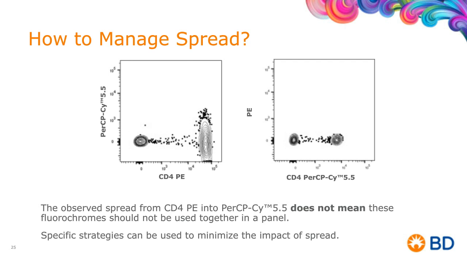So there are strategies that we can use to minimize the impact of spread. In this case, it's about receptor number and the choice of the fluorochrome that we do. So again, why would we waste a PE with so many receptors on PE? Well, we could take something like PerCP-Cy5.5 into the PE channel, but we also know something about PerCP-Cy5.5. It can spill into lots of others too. So it's multifaceted in many ways.